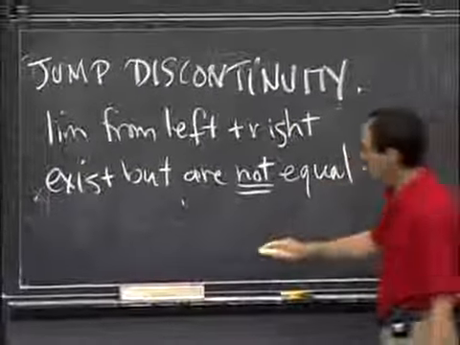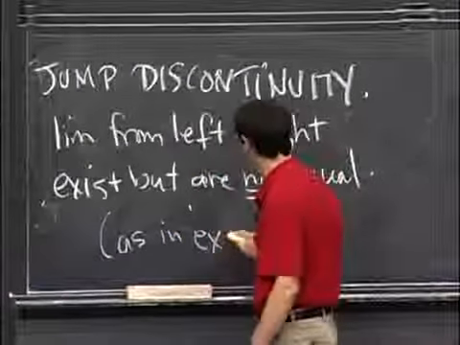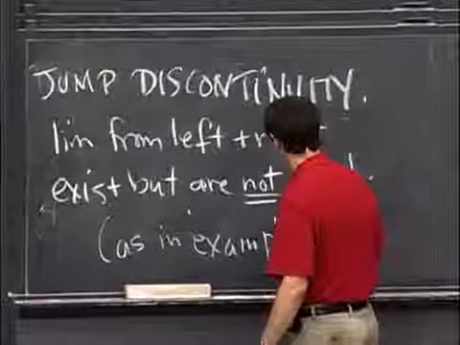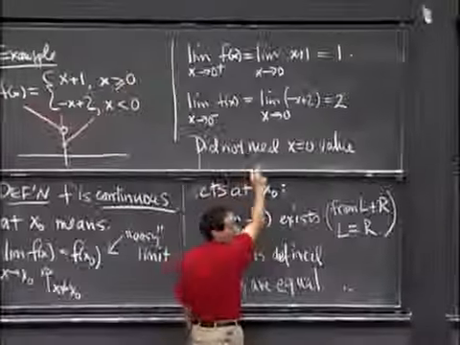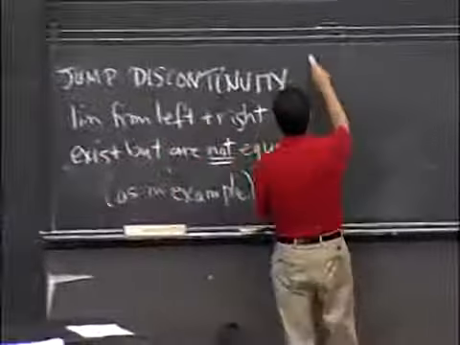Okay, so that's as in the example. Right, in this example, the two limits, one of them was 1 and one of them was 2. So that's a jump discontinuity.